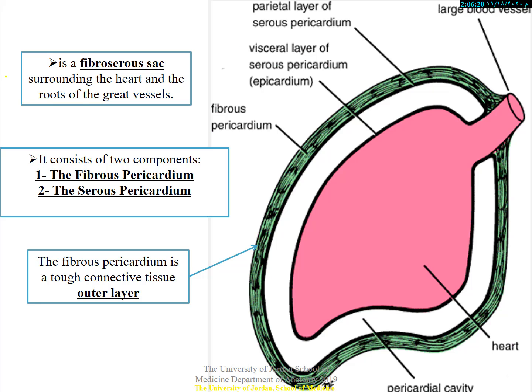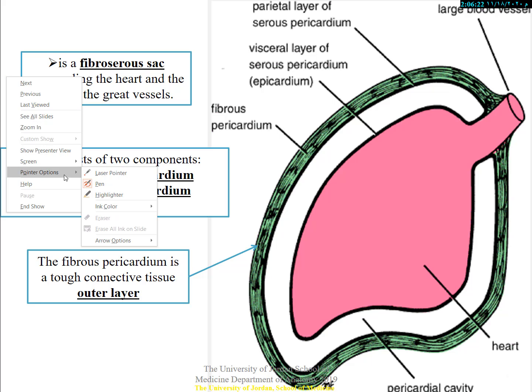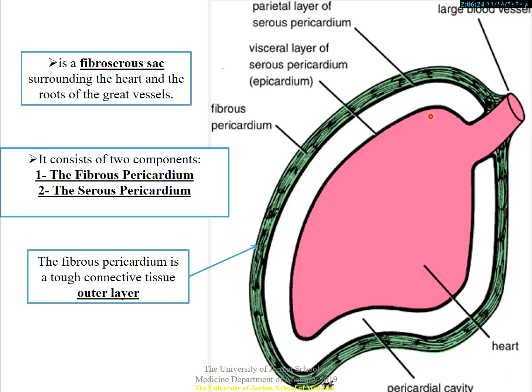This diagram is also a good one to explain the visceral, and this is the parietal, surrounded by a tough and of course very strong fibrous sac.